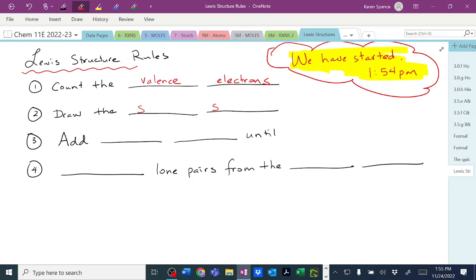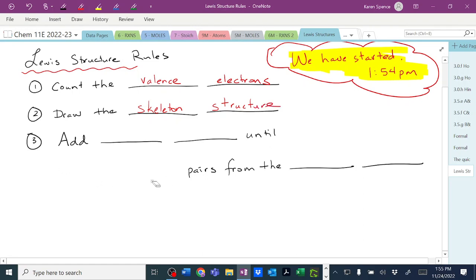What's number 2? Skeleton structure. Oh, 4 is wrong. Sorry. Add what?